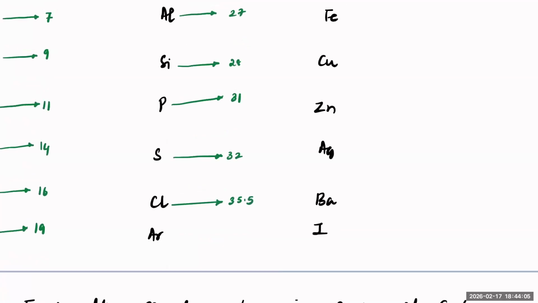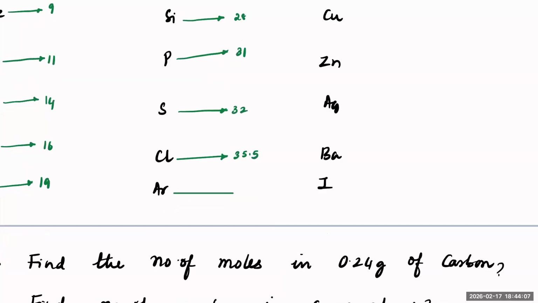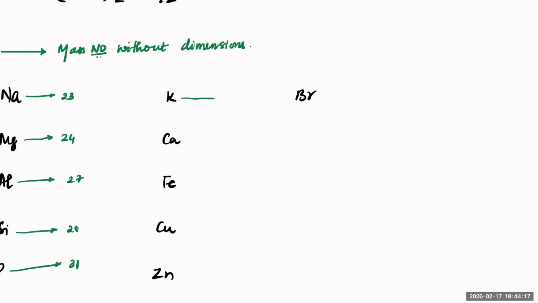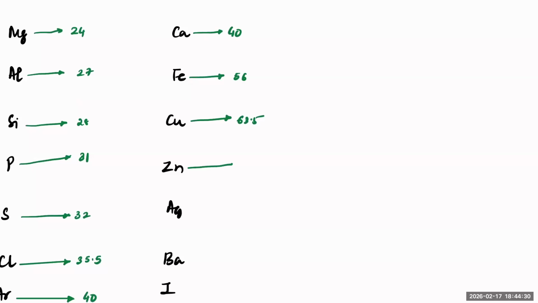Chlorine has a weird value, 35.5. Why it is different, I'll tell you about that. For argon, it is 40. For potassium, it is 39. Calcium also is 40. Iron is 56. Copper is 63.5. Next, zinc is 65.